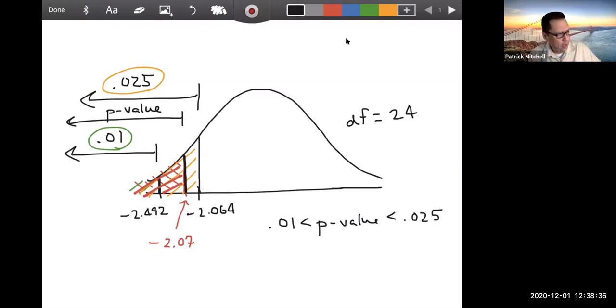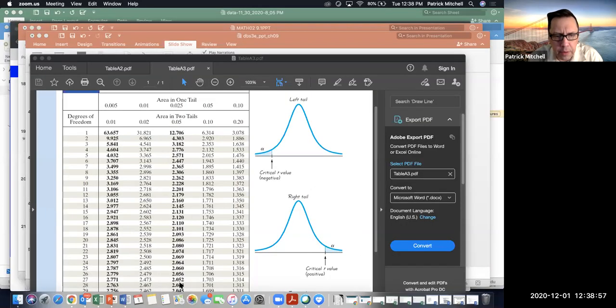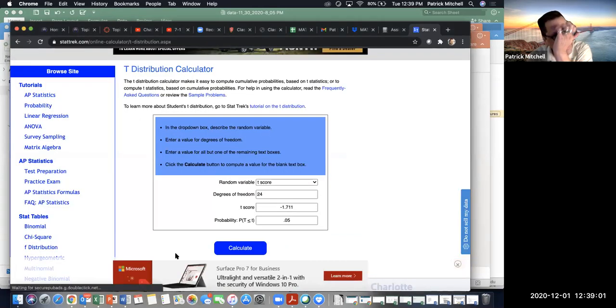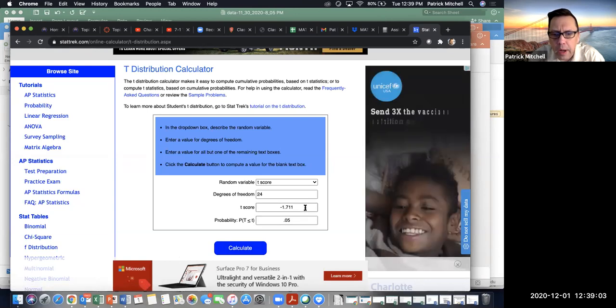Now, since we have access to technology, you can actually nail down the p-value to 4 decimal places, which is usually what they ask for, for example, in the homework. So let me switch back here. I'm going to bring up StatTrek again.